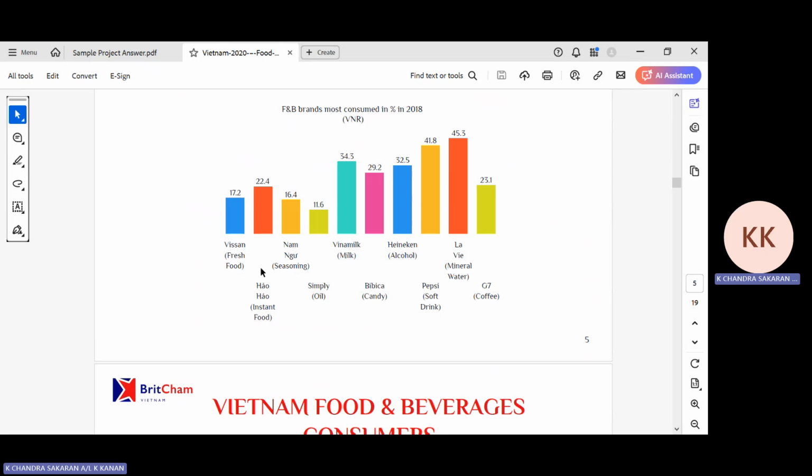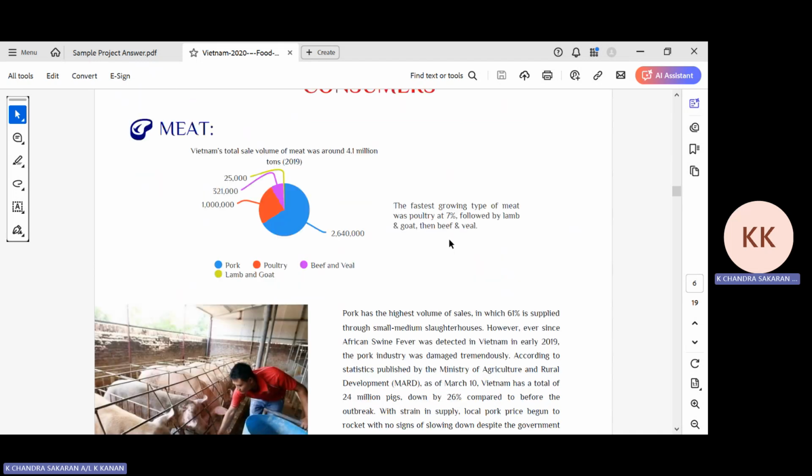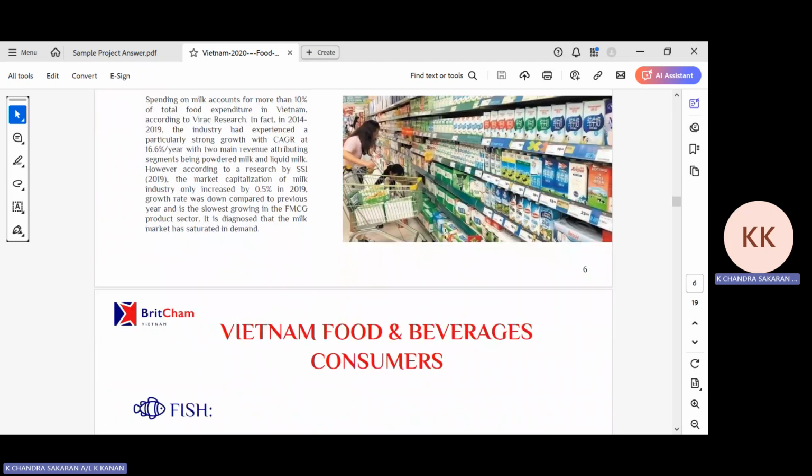So you can see who the providers are here. See the brands. You can see all these brand providers. This one you don't have to go through. You just look for a report, choose the right report for your project, take it out and provide it in your answer. Some meat industry, dairy industry.